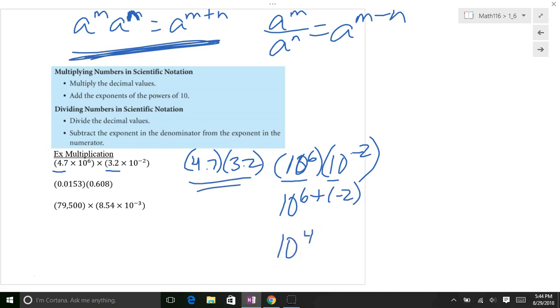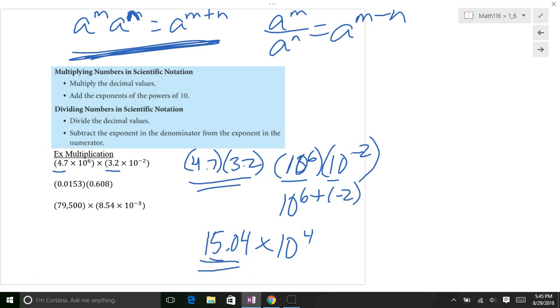Then I go ahead and multiply 4.7 times 3.2. I'm just going to grab my calculator now. I'll go ahead and do that. 15.04 times 10 to the 4th. Now remember, we got to put this back into scientific notation. This 15, this is too big, right? That thing's got to be less than 10 and greater than or equal to 1.